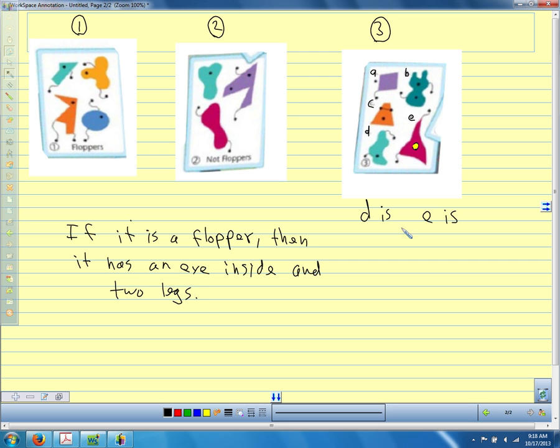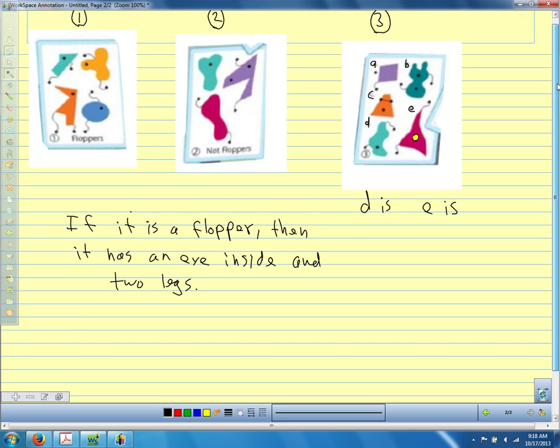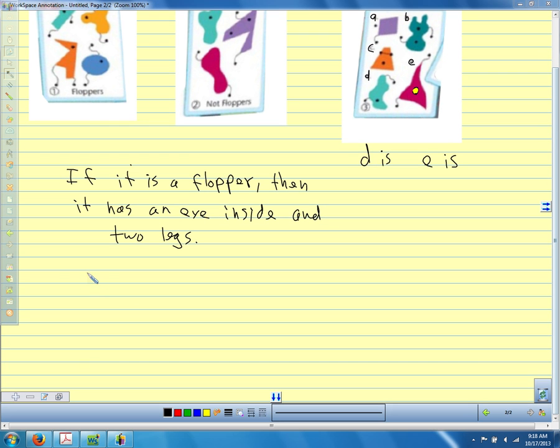And now let's make the converse of that statement, of that conditional. So we would say, if it has... what? How would we make the converse? We're making the converse of this statement.